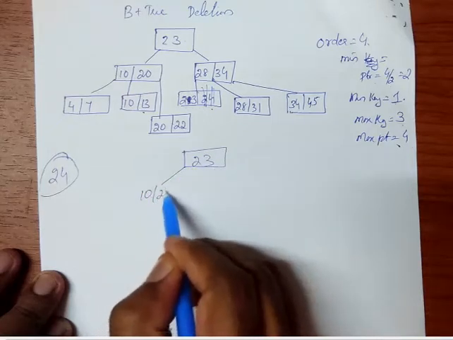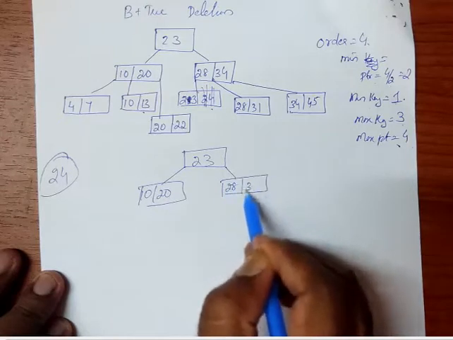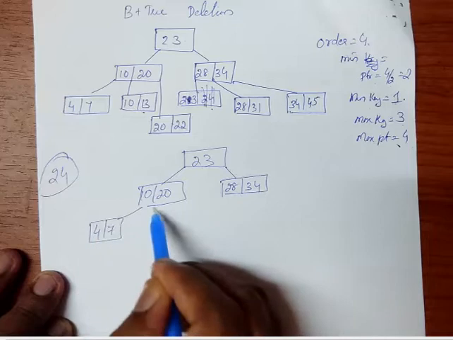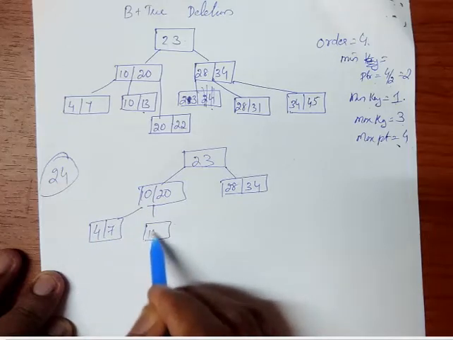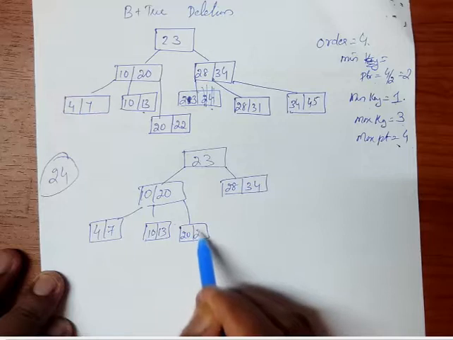So we can write it like this. We can redraw the tree: 28, 34, and 4, 7, and then 10, 13 and 20, 22.